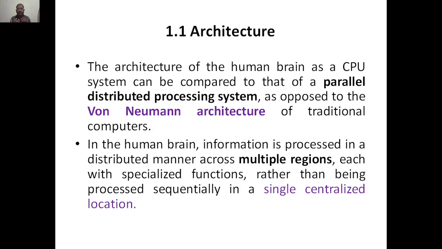What I am talking is matching what I am thinking, and what I am thinking is matching the signs I am giving through my hands. So information is processed in a distributed manner across multiple regions, each with specialized functions, rather than in a single centralized location as in the CPU.